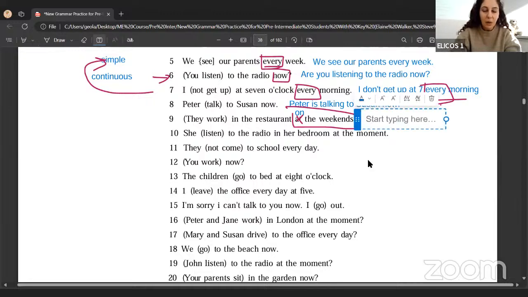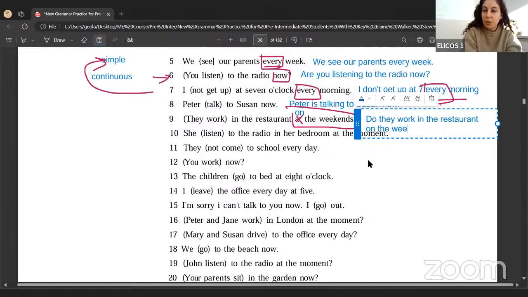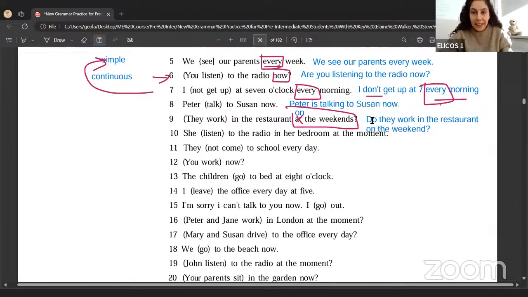It's a routine. I would say do. Do they work in the restaurant on the weekends? Because it's a routine. I'm asking about their routine, their habit. So not now, didn't say now or in this moment or today. It's not specific in time.